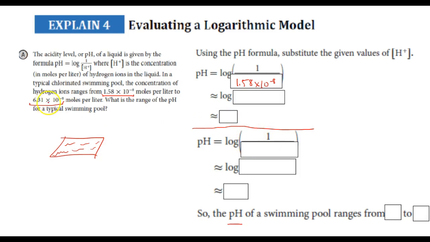And we're also going to compare that to pH equals log 1 over 6.31 times 10 to the negative 8 power. So we're going to calculate what this value actually is as a decimal and then figure out the log for that. Same thing here. Alright, so we're opening up Desmos one more time.